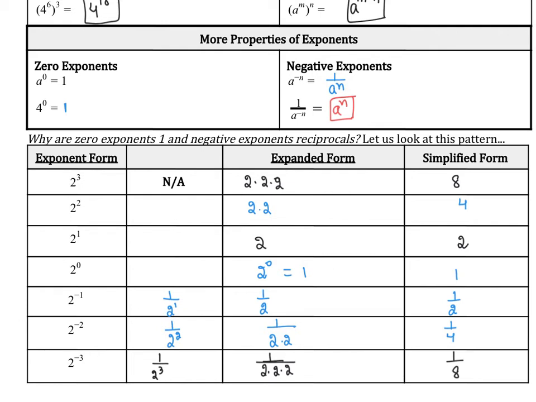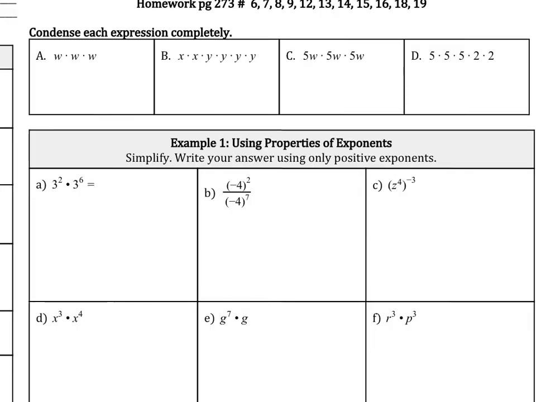And that's going to be 1 over 2 times 2, and that's 1 over 4. For the last one, 2 to the power negative 3, you're going to flip it, 1 over, and the negative exponent becomes positive 3. So 1 over 2 to the power 3, and that's going to be 1 over 2 times 2 times 2, which is 1 over 8.